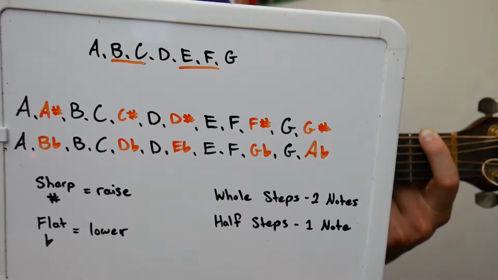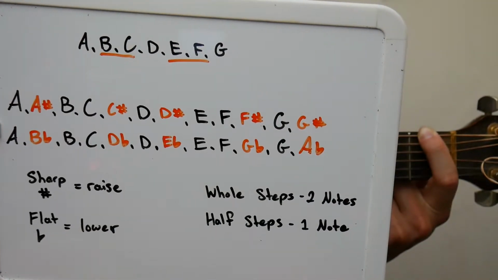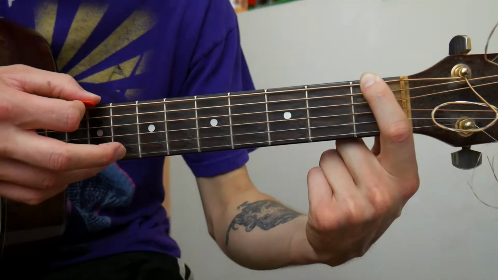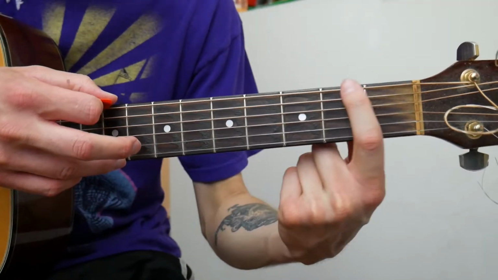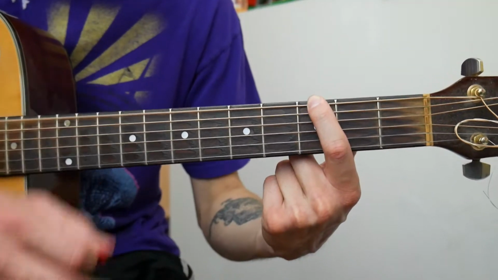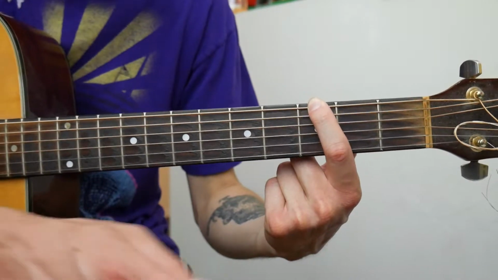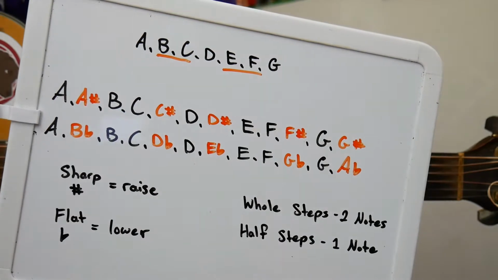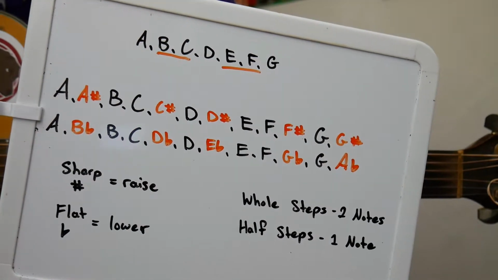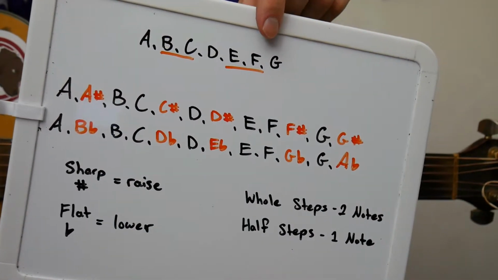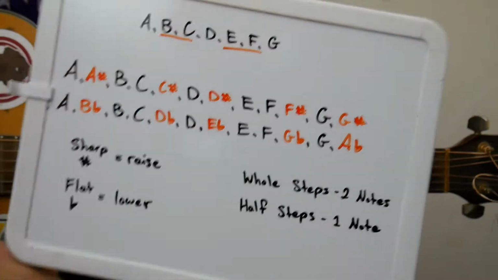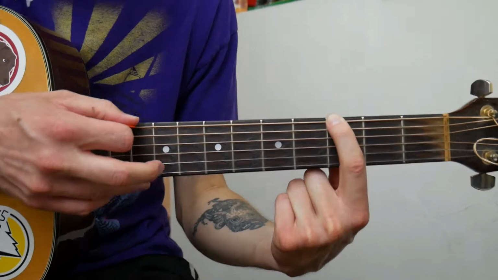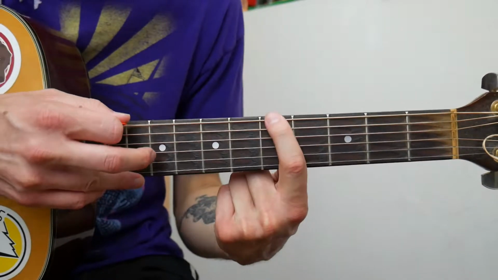Now we're going to try to go to G. You've got E, F, G. F to G is a whole step apart. A whole step is 2 notes, so we go up 2 notes. Now we're on G, and now it all starts over and we go back to A. G to A is a whole step, so we go up 2 notes.